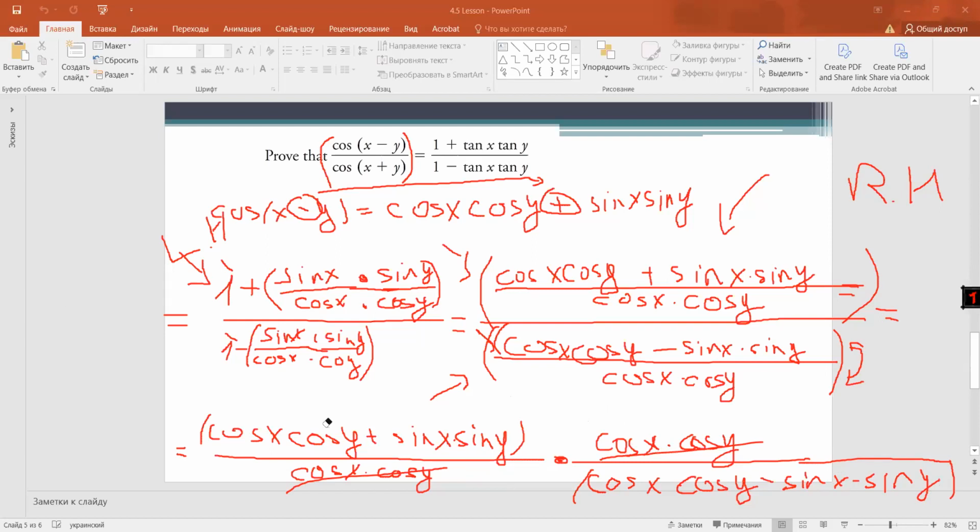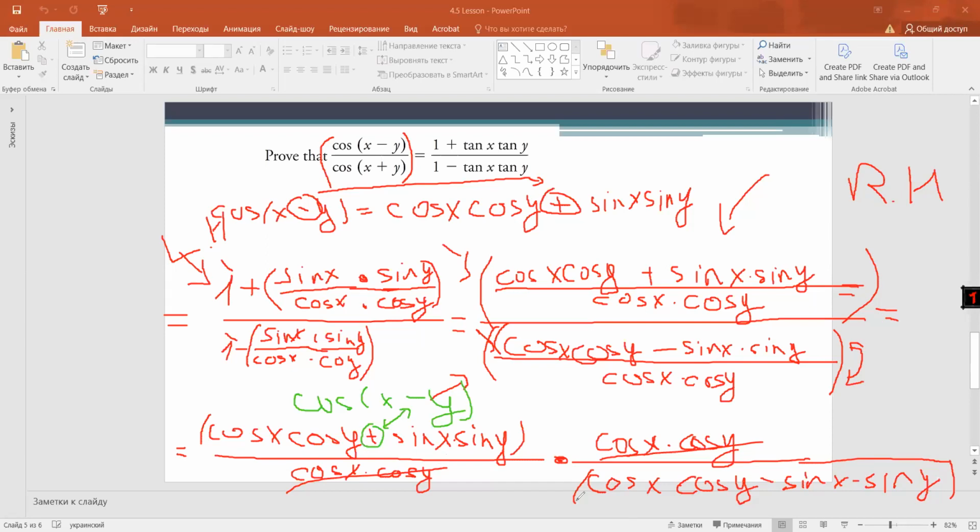In the brackets, we have exactly here in green color our cosine of x minus y function. Look: cosine x times cosine y plus sine x times sine y. You see the sign is opposite. Then here in the denominator, we have cosine x times cosine y minus sine x times sine y.